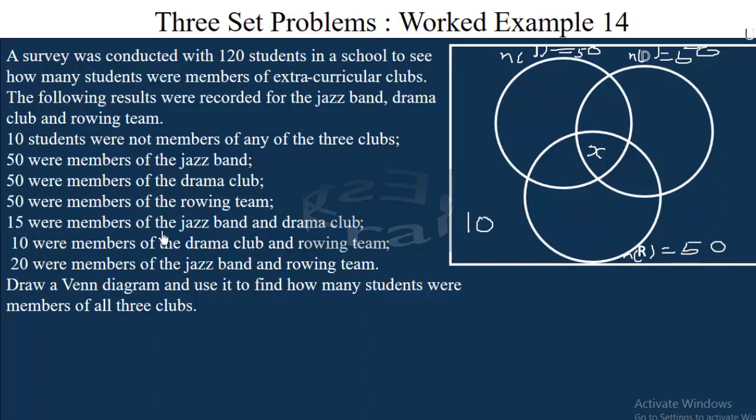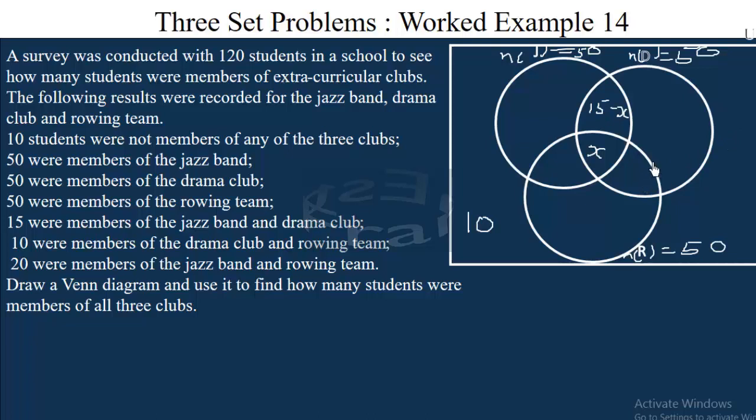Then 15 were members of the jazz band and drama club. So this and this is 15. Now because it didn't say only, this is also part. This is still part. So we have to take it out before we can represent it over here. Then 10 were members of the drama club and rowing team.